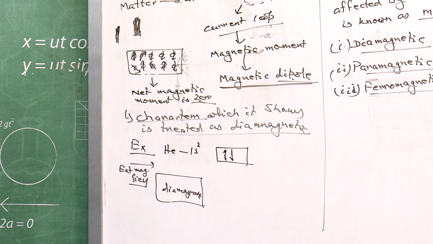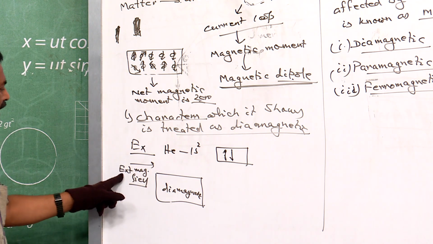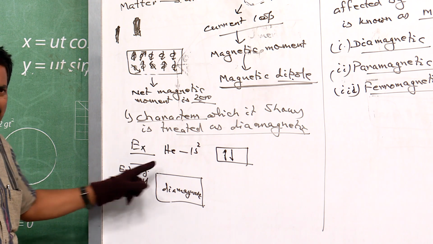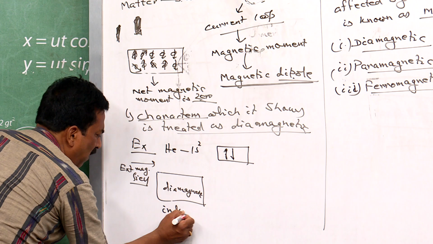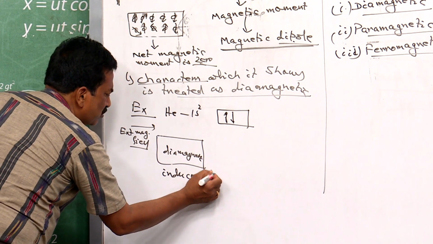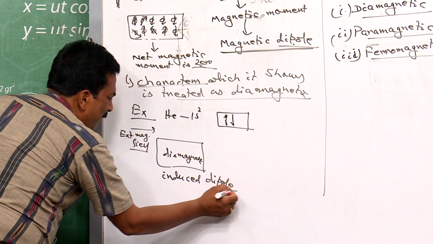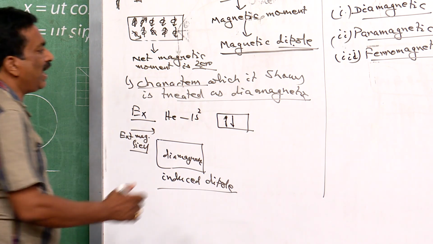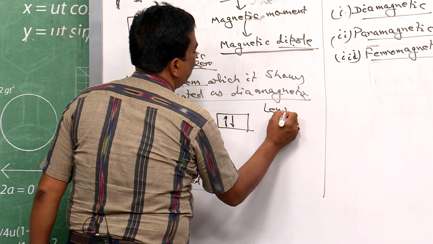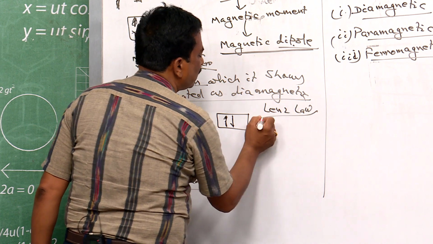what will happen? According to Lenz's law, if an external magnetic field acts, it will produce an induced dipole. You know this from Lenz's law. So what is Lenz's law?